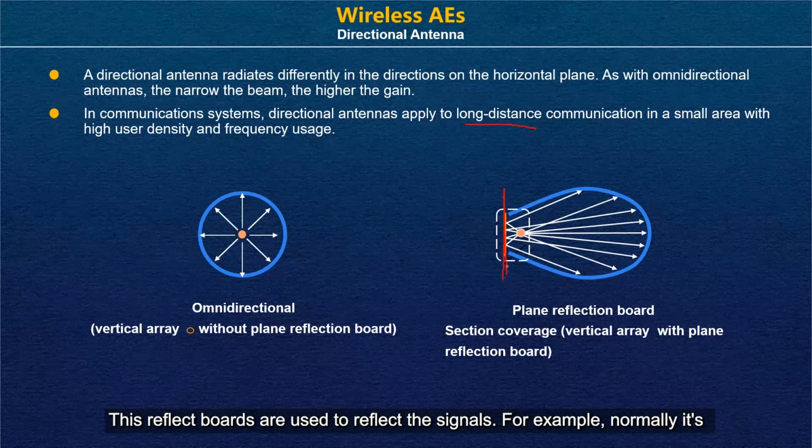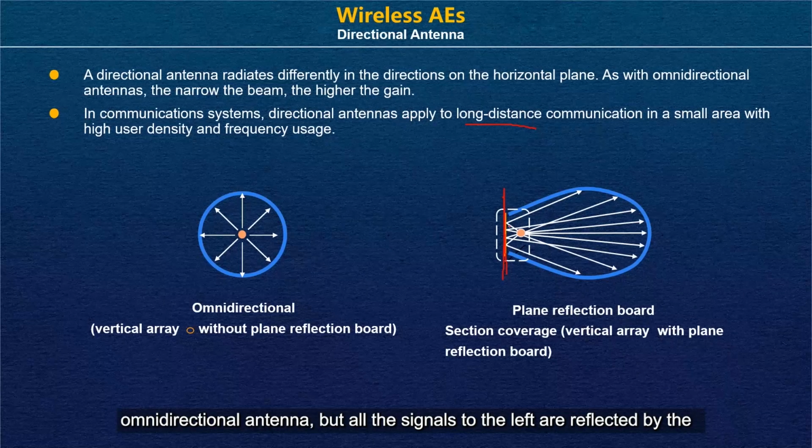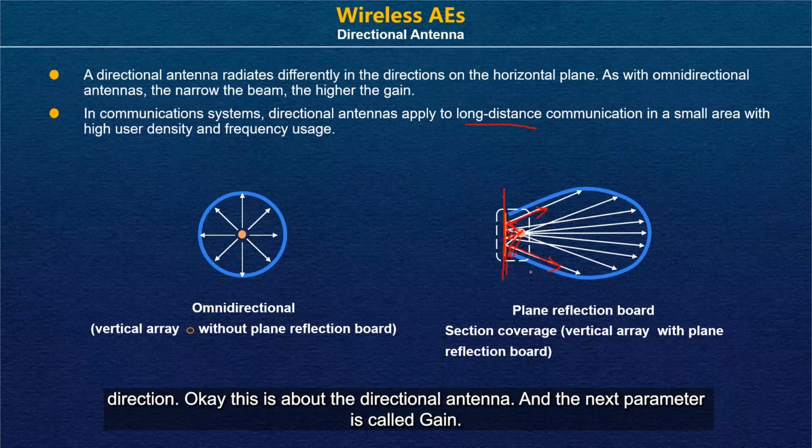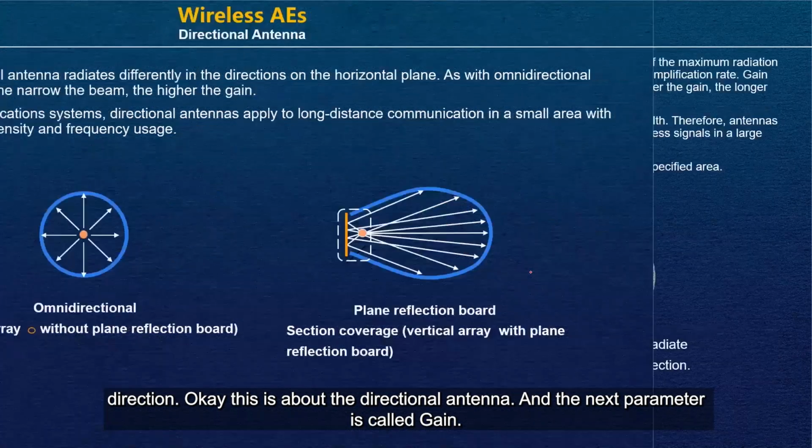These reflect boards are used to reflect the signals. For example, normally it's an omnidirectional antenna, but all the signals going to the left are reflected by the boards. So we can reflect all the signals to a specific direction. This is about the directional antenna.